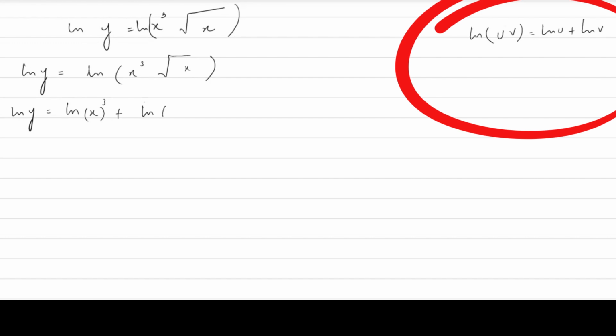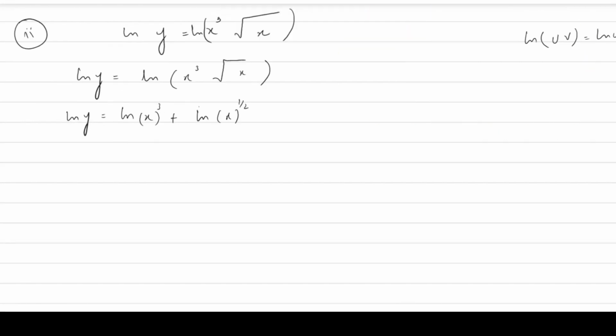and this power, ln x raised to the power 1 upon 2. In the place of under root, we can write 1 upon 2. So ln y is equal to, power is coming out from ln, so 1 upon 2 ln x.